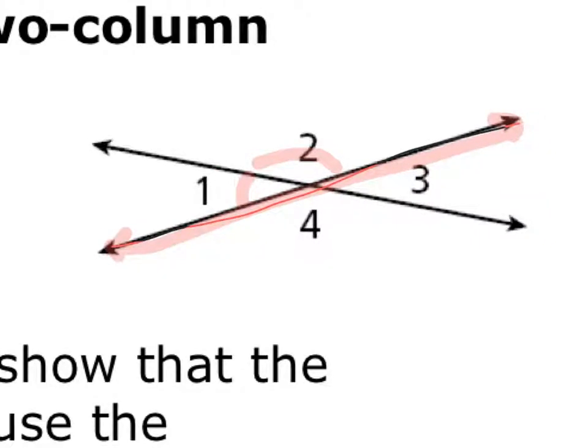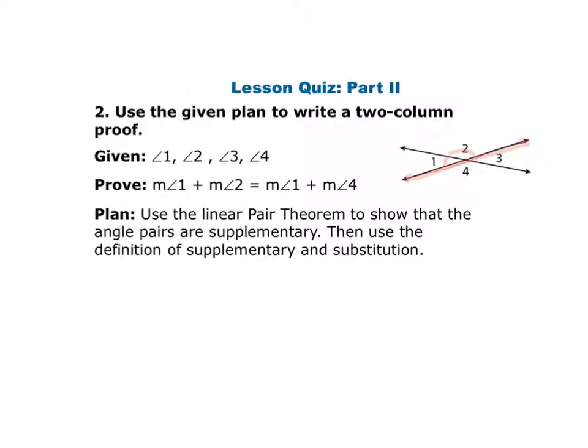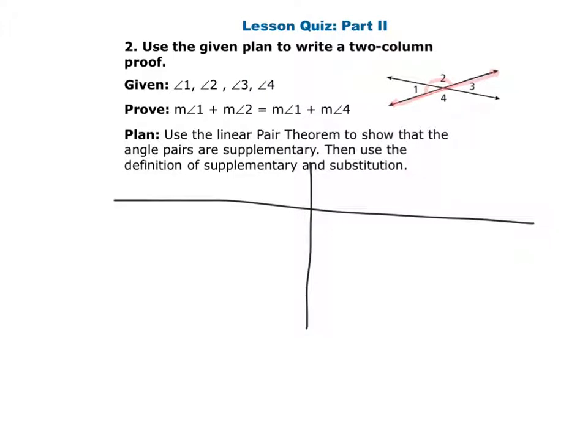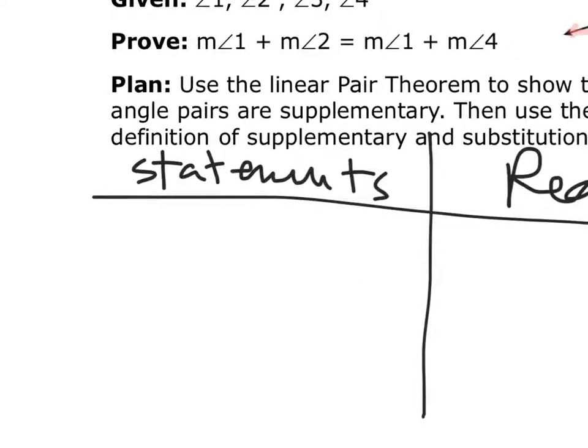So let's write that down. So we have our statements and our reasons. So our first statement is angle 1 and angle 2 are supplementary.